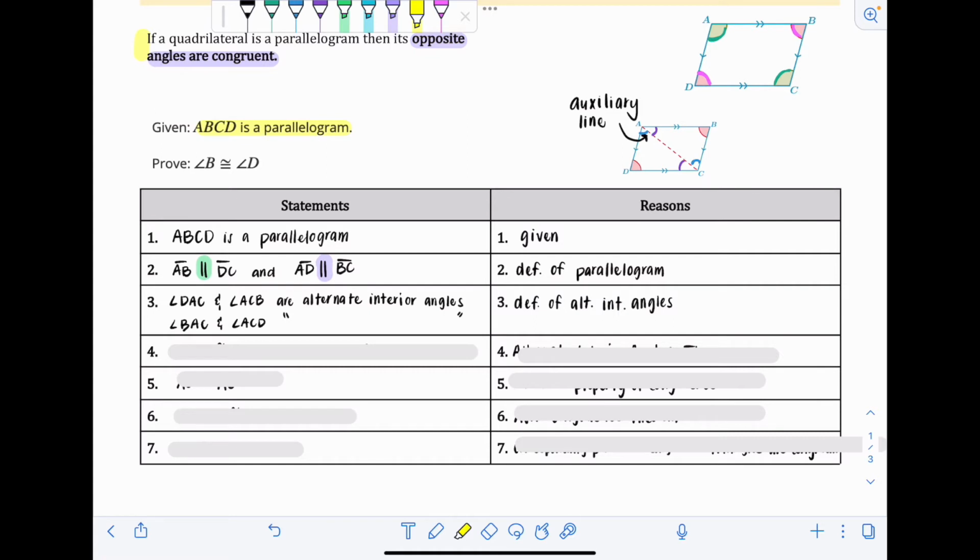Once we say that angles are alternate interior angles, we can say that they're congruent to each other, but that always has to be done in 2 parts. For 3, we said that they are what they are, and now we can say that they're congruent. The first pair, angle DAC, is congruent to angle ACB, and the second pair, angle BAC, is congruent to angle ACD, because of the alternate interior angles theorem.